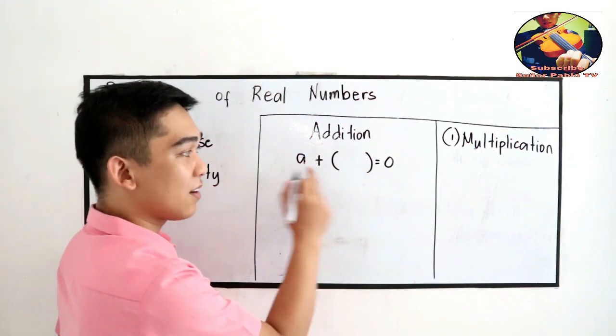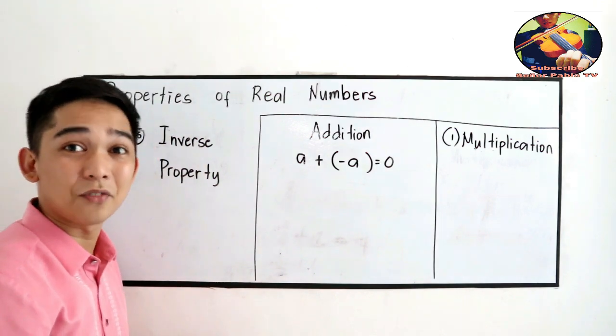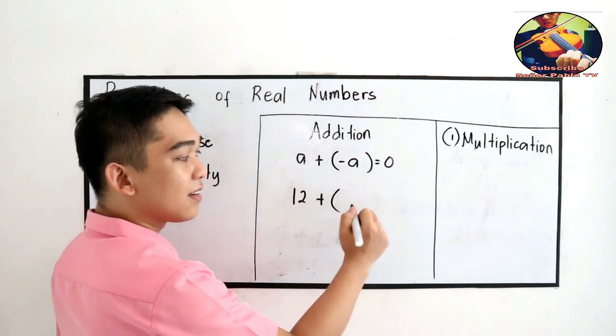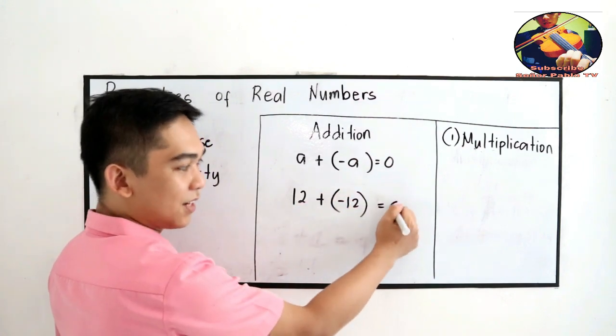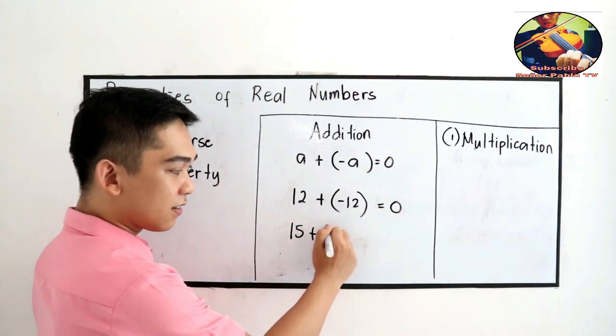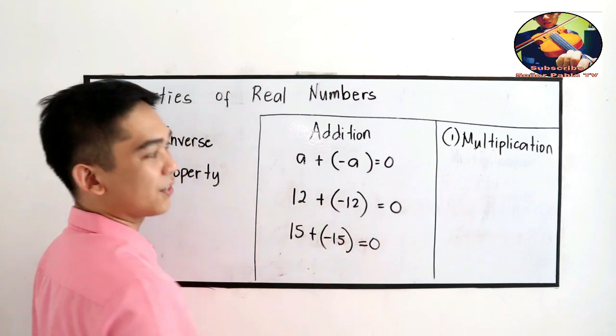So kung A, ang opposite niya is negative A. Yung negative value niya. Kapag meron tayong 12, i-add natin sa negative value ni 12, and that is 0 din. Kapag meron tayong 15, ang negative value na, negative 15, equal to 0.